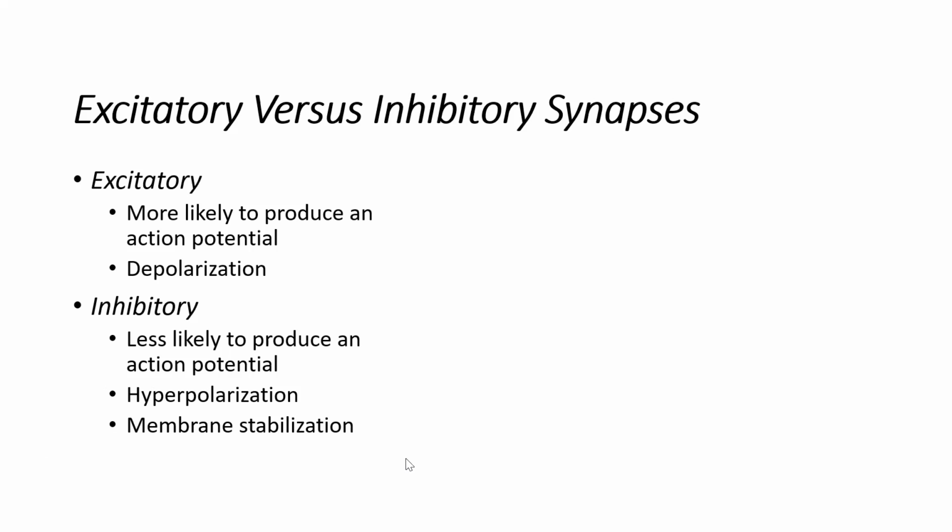They also have the ability to stabilize the membrane potential. This is really relevant specifically to chloride, and I'll talk about how chloride can actually not depolarize or hyperpolarize, but just keep the membrane potential stable.